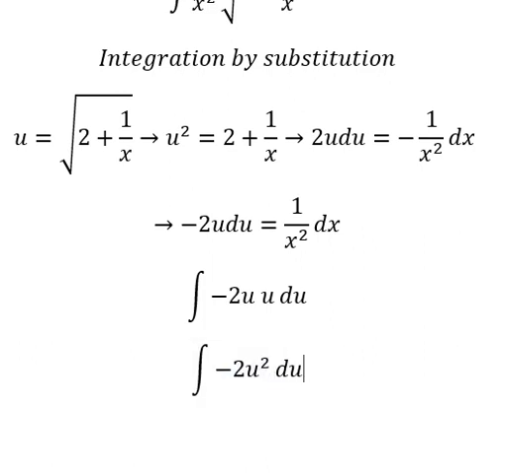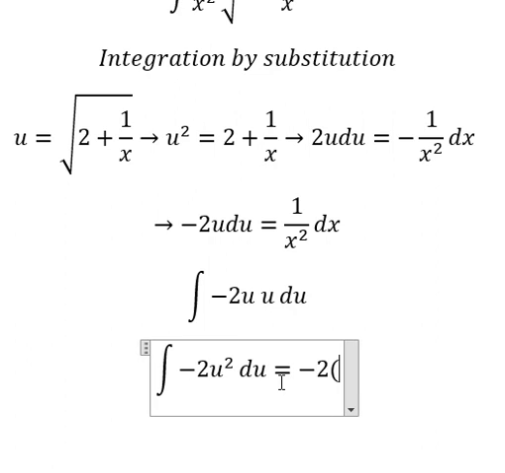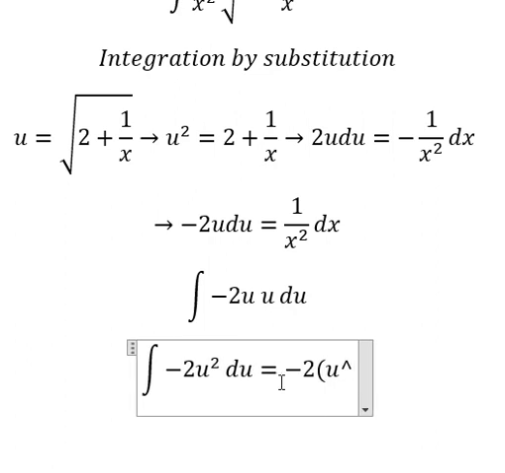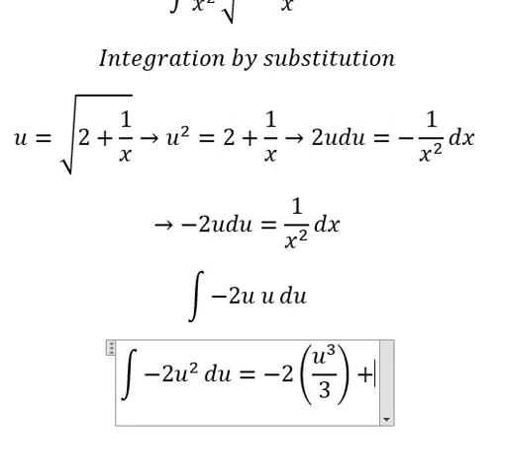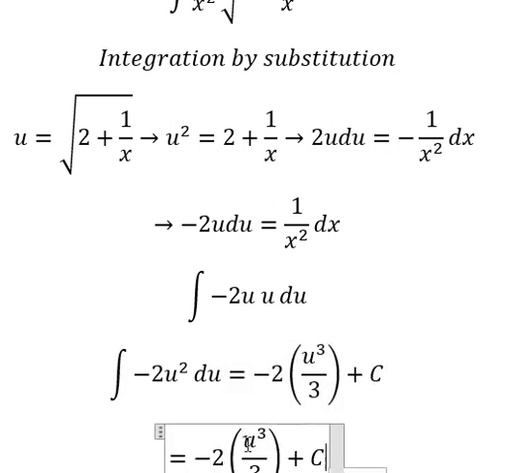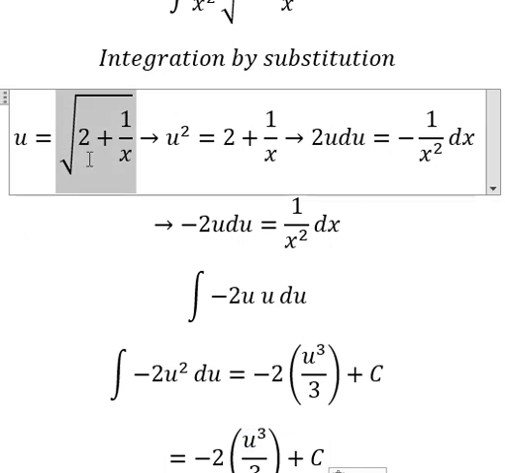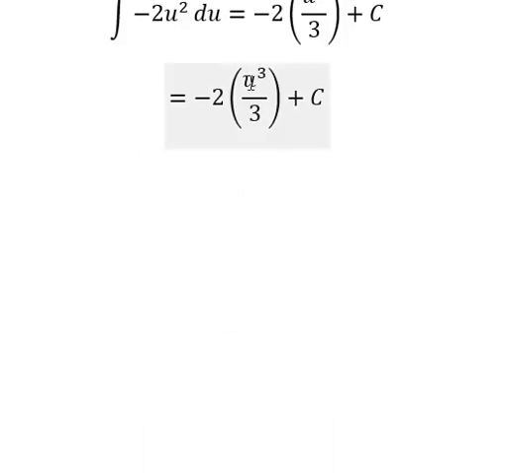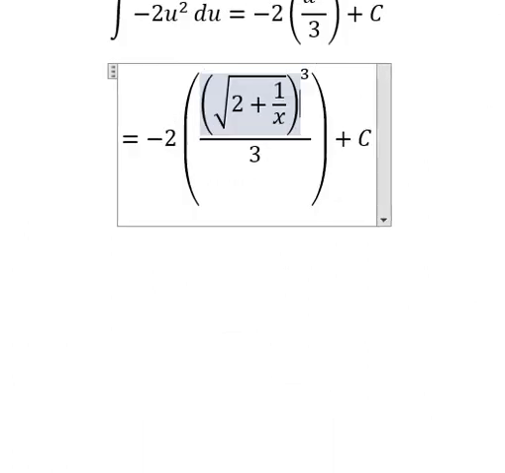The integration of u squared is u to the power of 3 over 3. And then I will put plus C. Then u is this one. And this is the final answer.